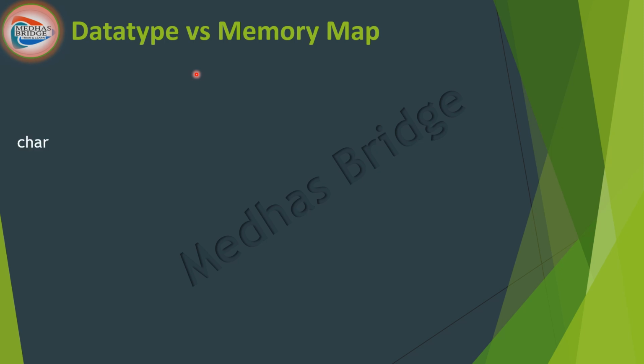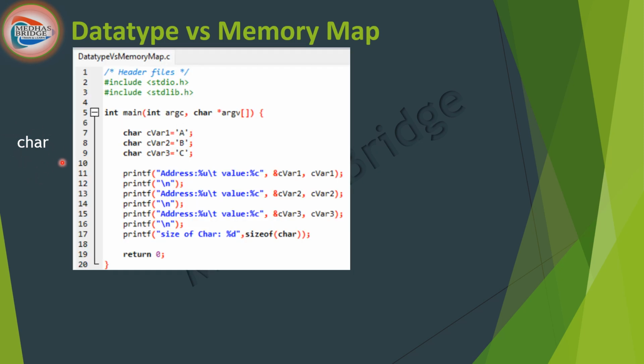If you can see the first case, character as a data type. Look at this sample program where I have three variables declared as data type char and assigned values to them. Char is holding 1 byte of information. 1 byte means 8 bits.